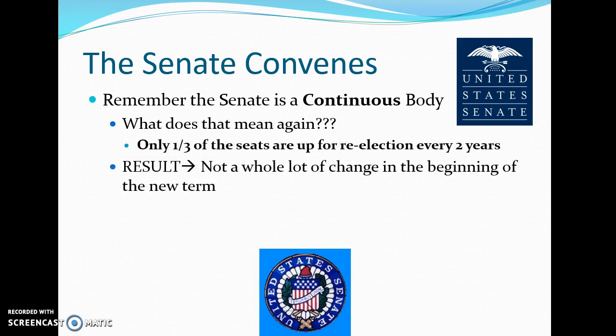The Senate convenes. Remember, the Senate is a continuous body. That means only 1/3 of the seats are up for re-election every 2 years. The other 2/3 just remain in office until it's their turn for election. That way, there's always somebody sitting in the Senate.